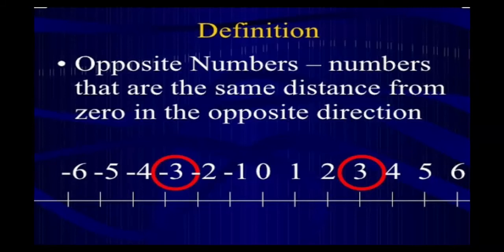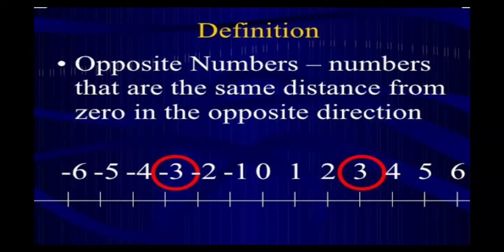Opposite numbers are numbers that are at the same distance from 0 in the opposite direction on the number line. On the number line, you know that 0 is the center, that is the origin, and on both sides the numbers go on extending. As the number 1 starts, it is at a particular distance, and that same distance we use to represent minus 1 on the other side of 0.